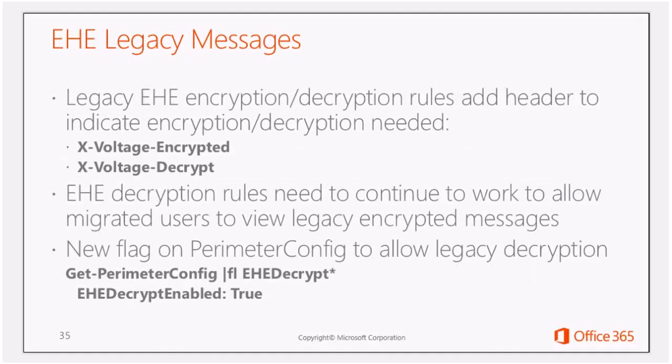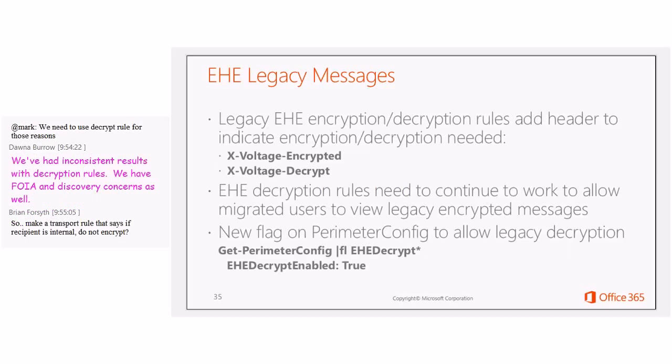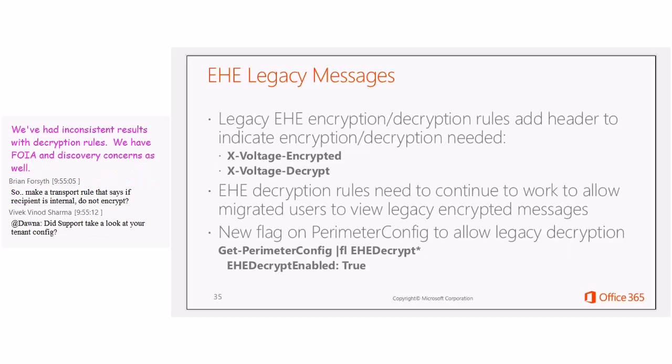And the next question is, what happens to the legacy messages? Well, for those of you who don't have hosted encryption or want a little bit more information, with the Voltage solution, messages were marked for encryption or decryption simply by adding an X-header to the message that was processed by Voltage to indicate whether the message was destined to be encrypted or decrypted.